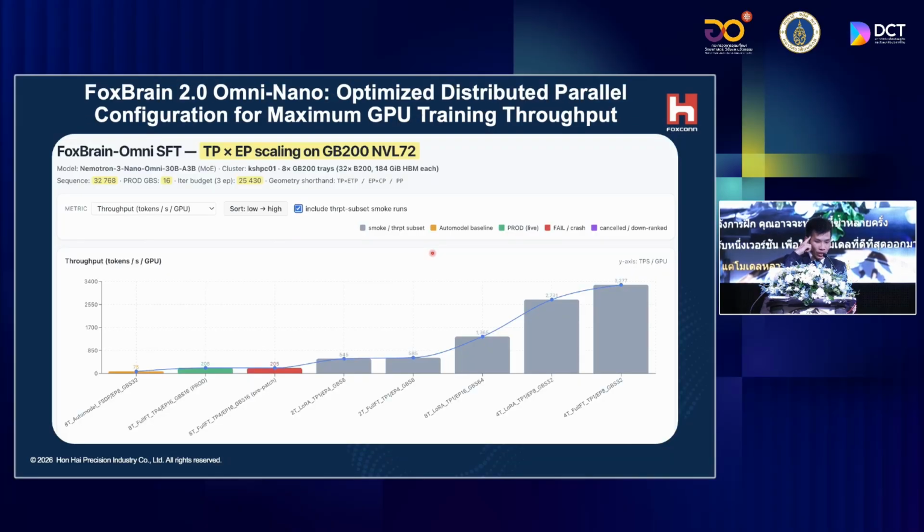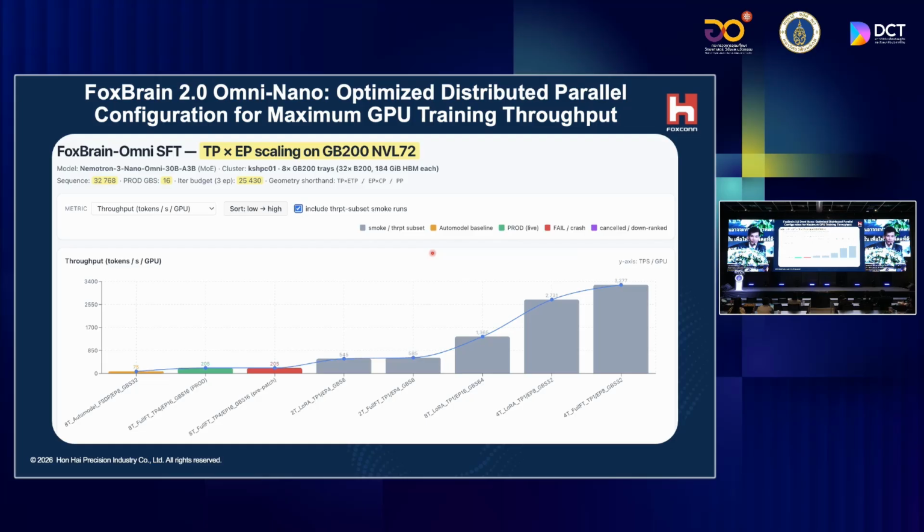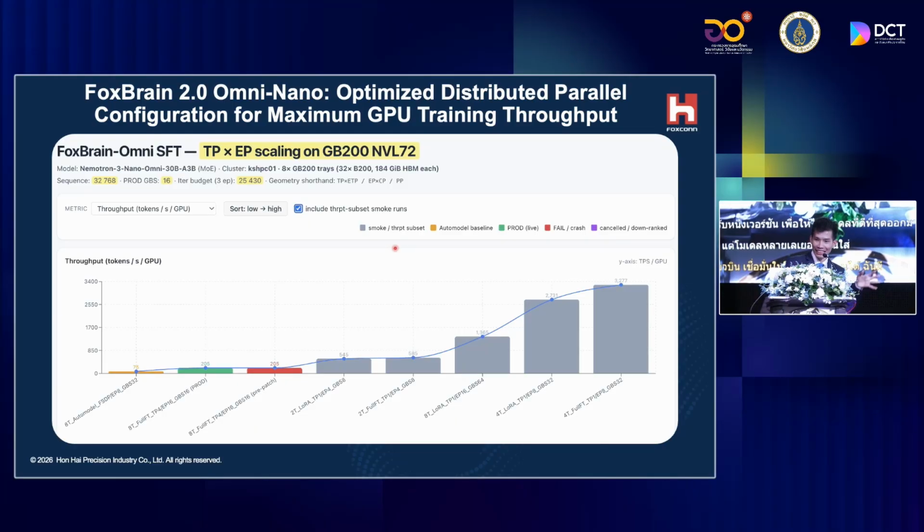And earlier I showed you the parallelism. The purpose of showing you the parallelism is, if you have a cluster, you set up the parallelism. For example, here I set up a tensor parallel, denoted TP, and an expert parallel, denoted EP. With different tensor parallel and expert parallel settings, I get different throughput from exactly the same cluster. What does that mean?